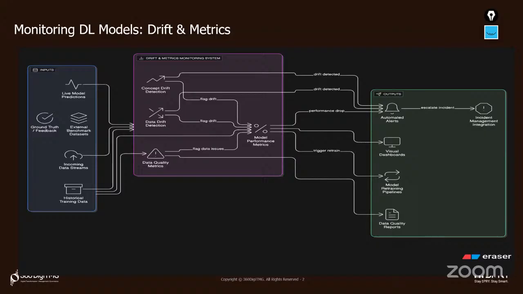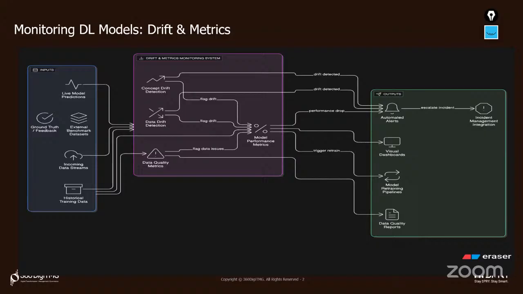Then we will understand the inputs, like live model predictions. In the live model predictions, there is a continuous flow from the deployed model. Then here we will have real labels that arrive later.